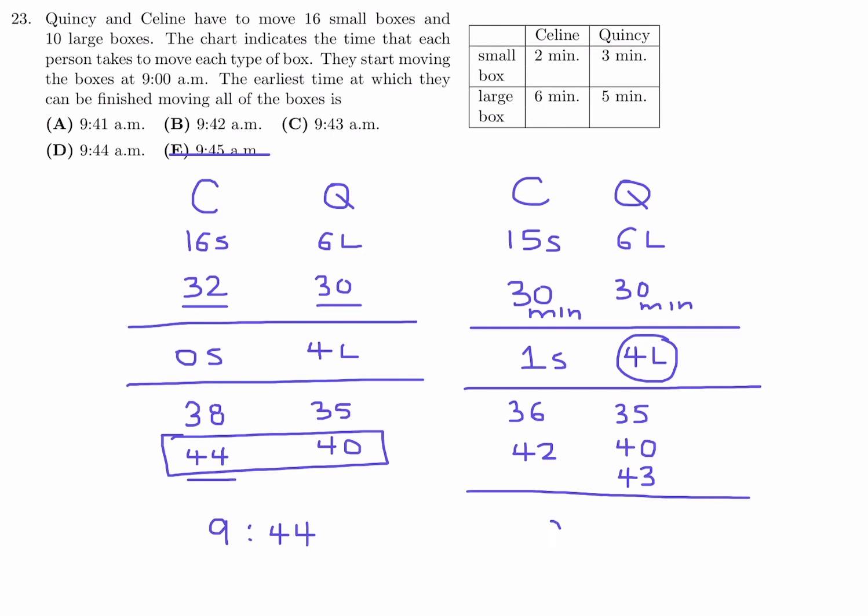Now what time are we at now? 9:43. See, I got an earlier time. And if you keep fiddling around like this, you will get to conclude that 9:43 is the earliest time. It can never be less than that. So, number 23, the answer is C.